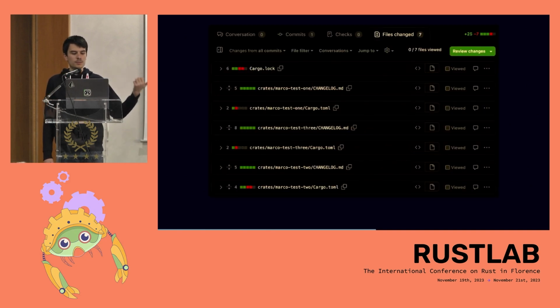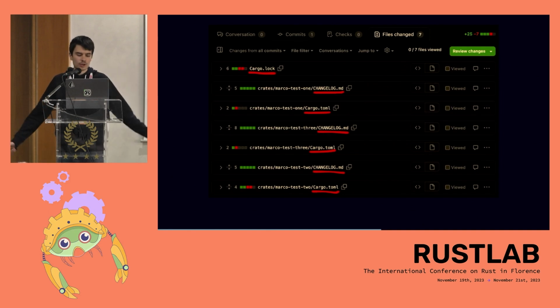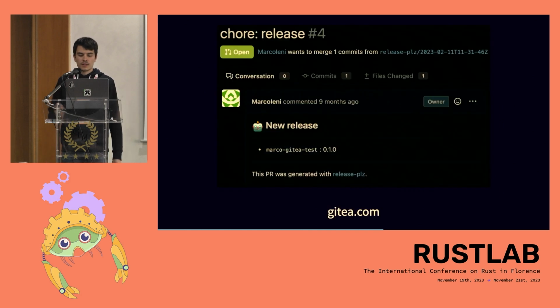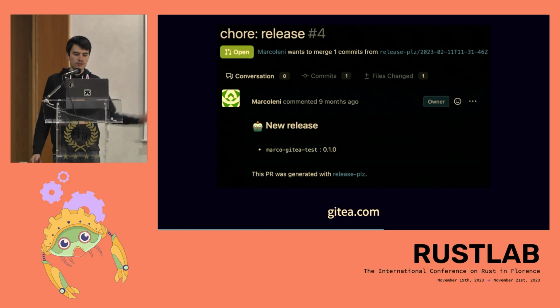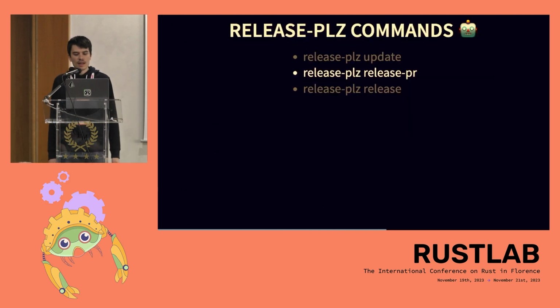So this PR contains changes to the Cargo.lock, the changelog, and the Cargo.toml of your workspace. Release-plz also supports Gitea, which is an open source GitHub alternative, if you're into that. And yeah, these were the first two commands.